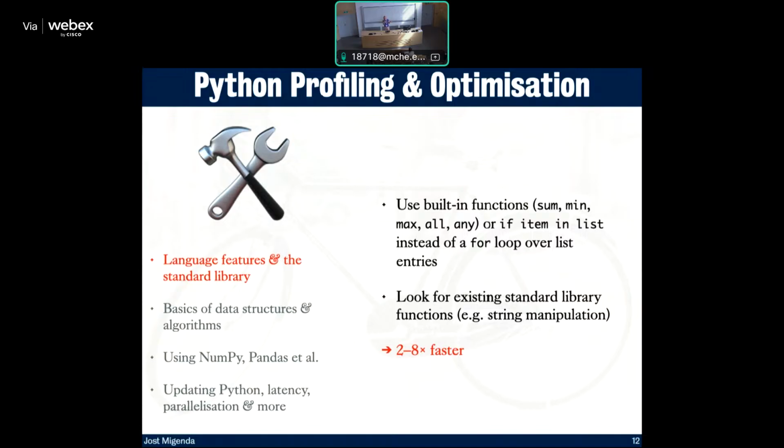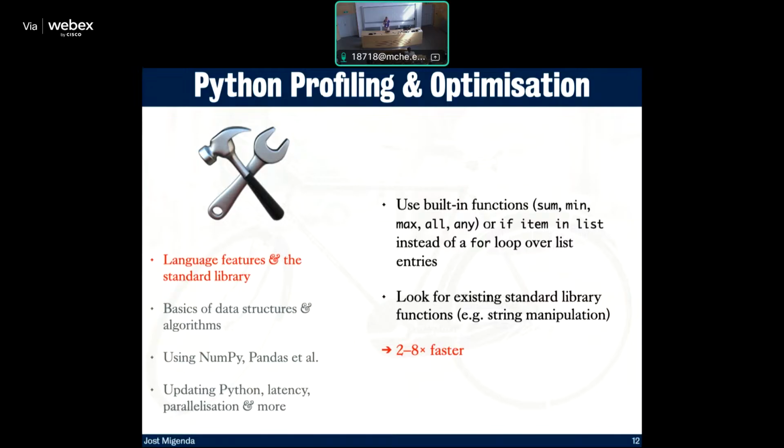And people have thought a lot about edge cases, where one PhD student just trying to get this to work will not worry about those. And often enough that will come back to bite them later. So we talk about using standard library functions where possible. And often some of these, just replacing the for loop with a built-in function, can give you something like a 2 to 8 times speed up.